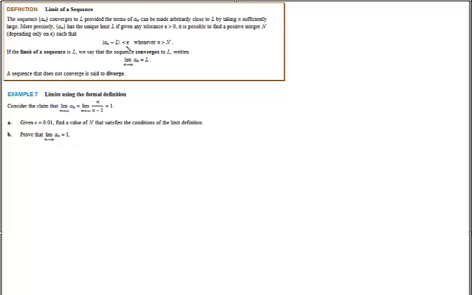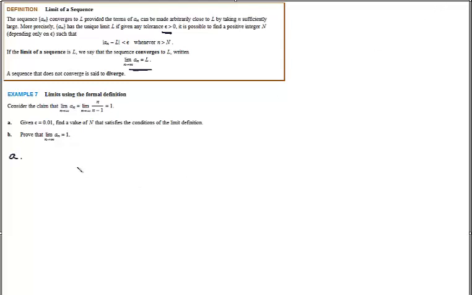I'm going to have that neighborhood have a tolerance of this epsilon. If I can show that all of the points in that neighborhood have this tolerance, I can state that the limit of that sequence is indeed that L. And if I don't have that case, then it is said to diverge.